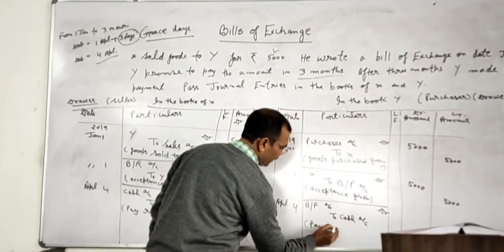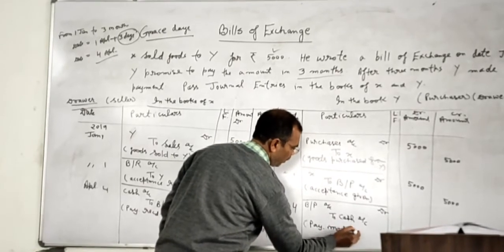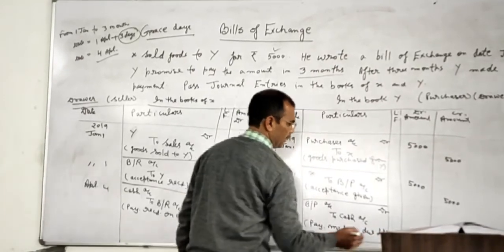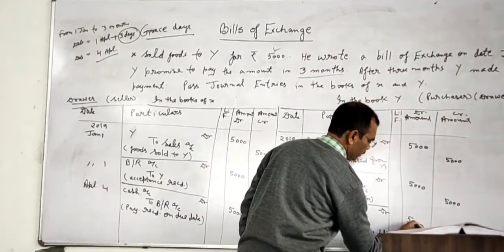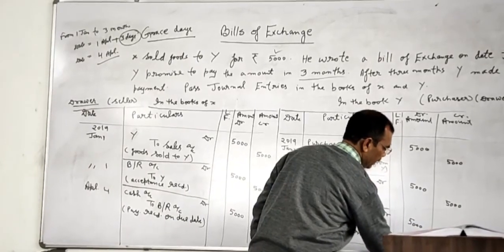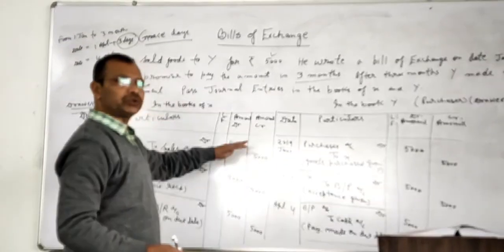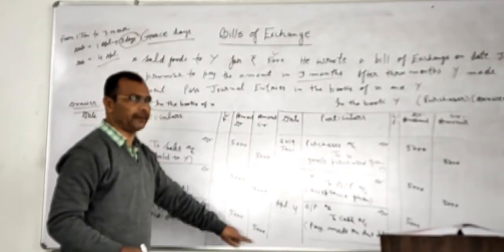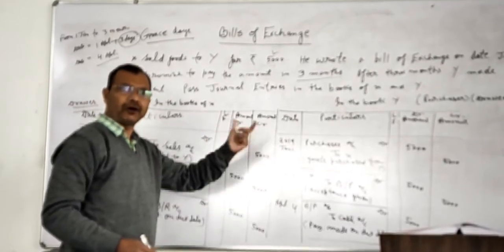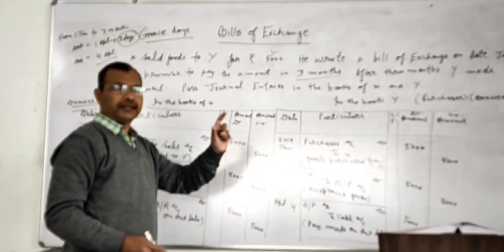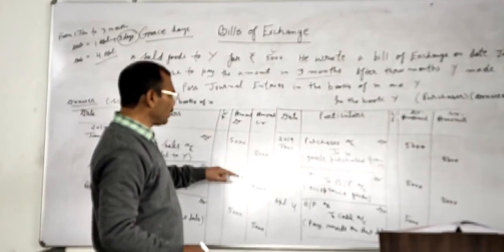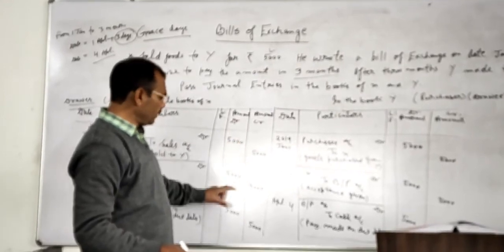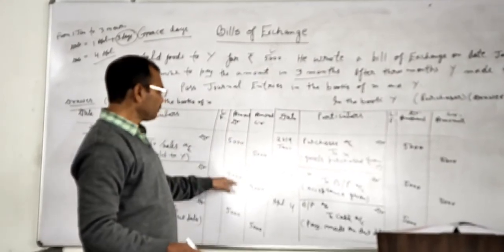Payment made on due date, and the amount 5,000 and 5,000. After doing this, the question will be completed, but we will never add the columns of the amount as we add at the time of making a journal. In the journal, we add the total of these amount columns, but in bills of exchange, we will never add the amount of these columns.